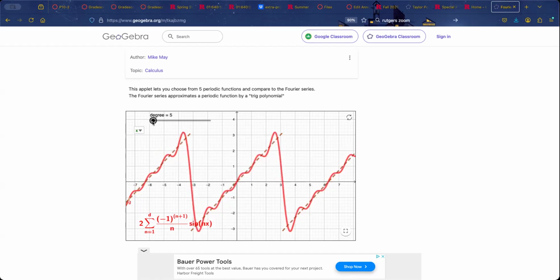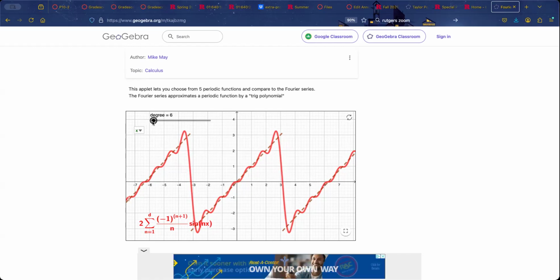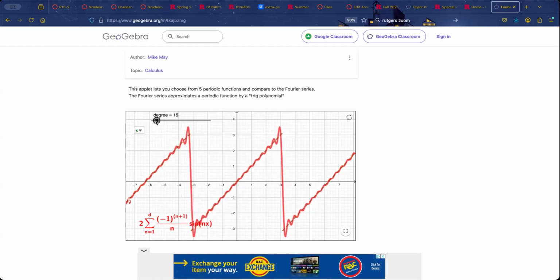So this is obtained by adding all those: n equals 1, n equals 2, n equals 3, n equals 4, n equals 5, and keep adding those things. This corresponds to a bunch of sines and cosines. Well, in this case, you only need sines because this is an odd function, and sine is odd, so you only needed sines.